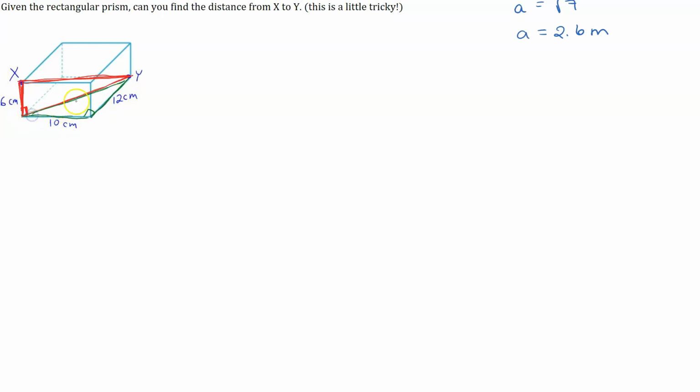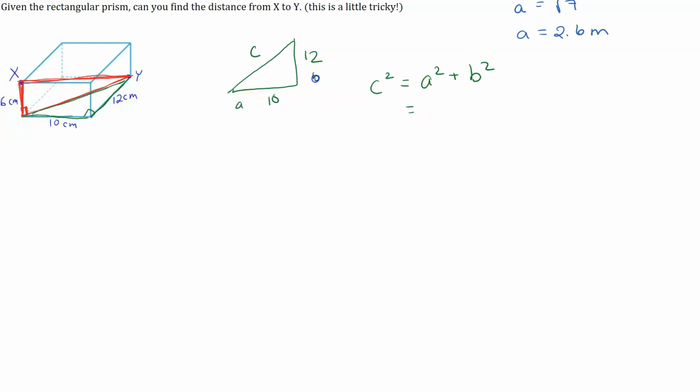The first thing I want to work out is this distance there. So I'm going to redraw that triangle. It was 12 and 10, and what I'm looking for is that hypotenuse. To work that out, I would do c squared is equal to a squared plus b squared, because I'm trying to find the hypotenuse.